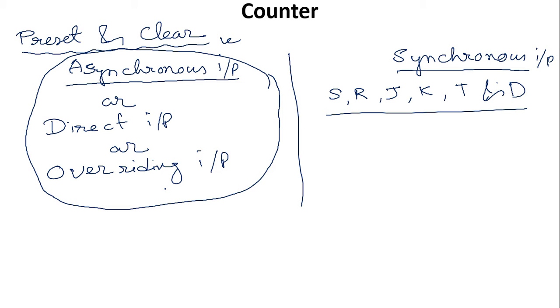Clear clears the memory and gives the initial condition or 0 state to the flip-flop. And preset is one type of input that provides a fixed state to the flip-flop. And both are working as active low.